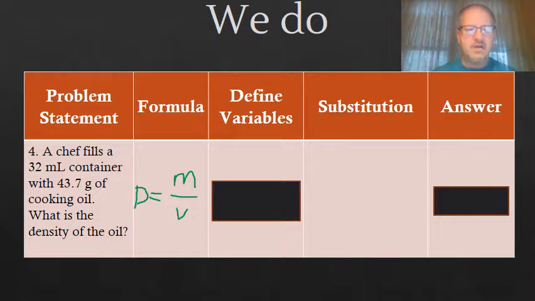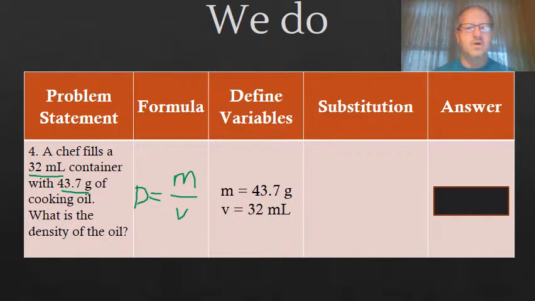Now we have to find our mass and our volume. It's not told to us directly in here, but we can tell that because 43.7 is in grams, that's our mass, and 32 milliliters, which is what's filling the container, is our volume. So our variables are M equals 43.7 grams and V equals 32 milliliters.